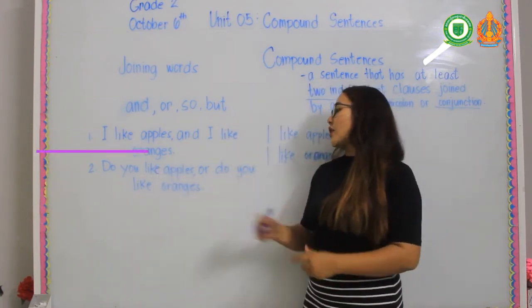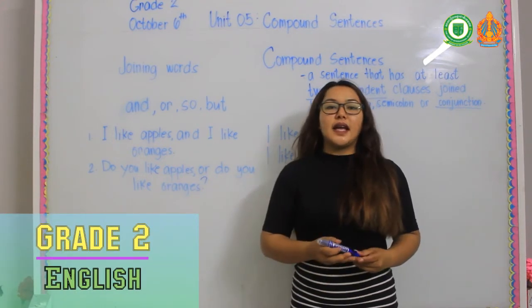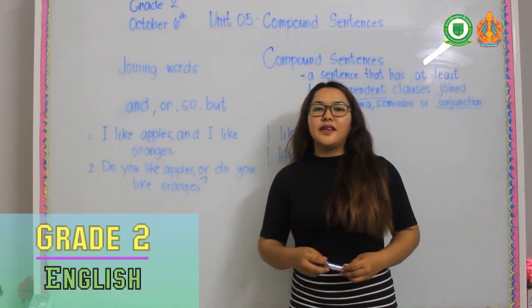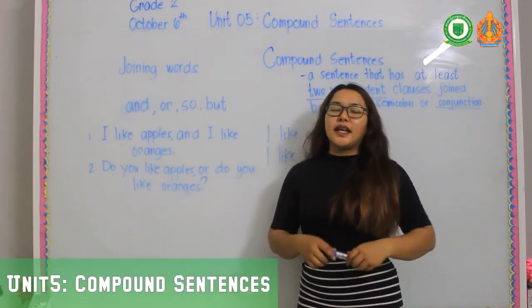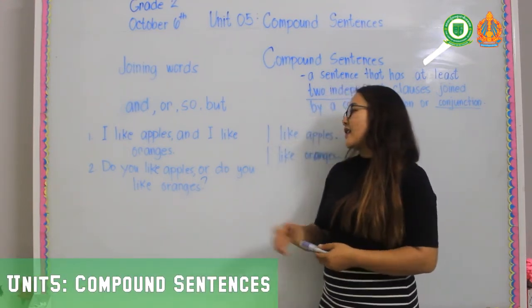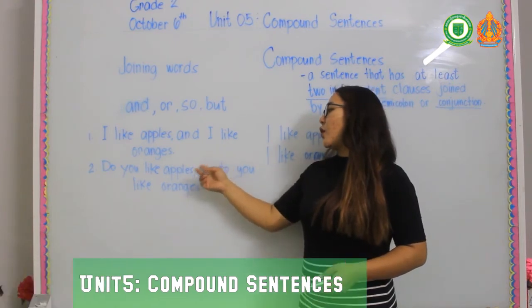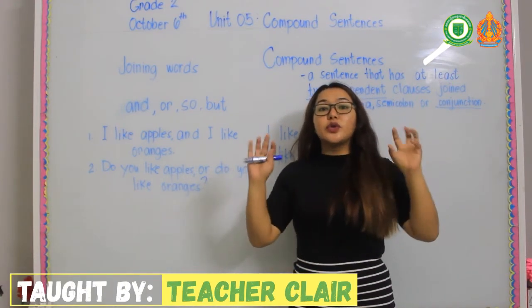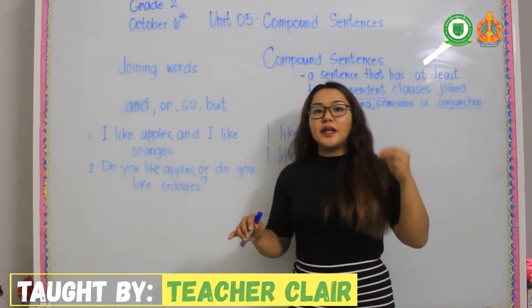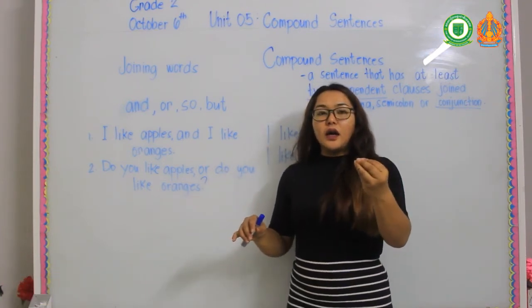So this question, you can either say, I like both, or you can say, I like apples, I don't like oranges. So this question, we use the word or. When we use the word or, there will be two choices, and your answer will depend on you.